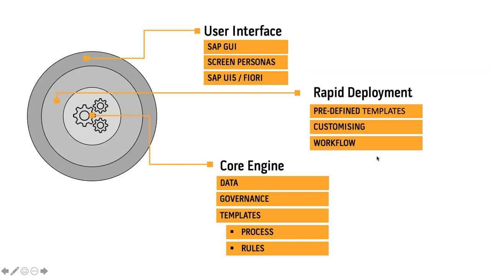We ship it with predefined templates, so we give you a starter for 10. For a material master process or a customer master process, we have a template that we ship to customers that gets them moving very, very quickly. Obviously, the rules are different by business, so typically rules are configured individually, but we'll show you the rule engine and that type of stuff.